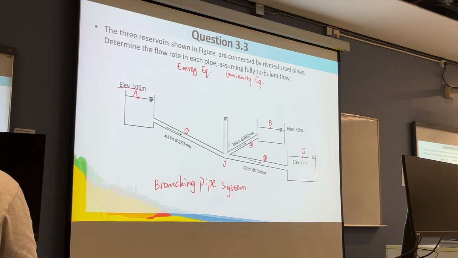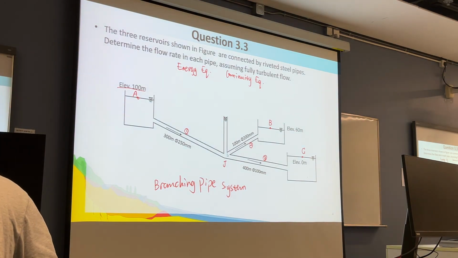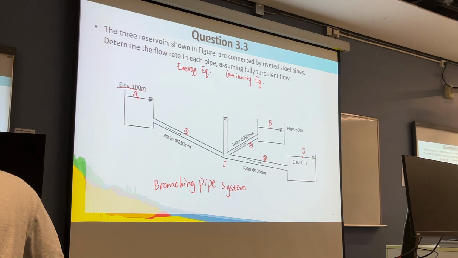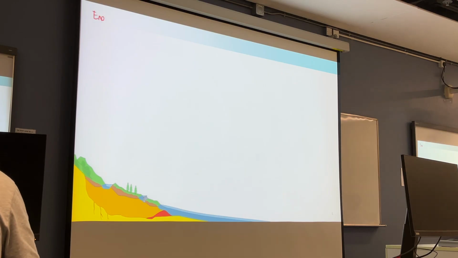From the energy equation, we need to write the energy equation between reservoir A and the junction J, following the flow direction. For example, the energy equation from A to the junction J.